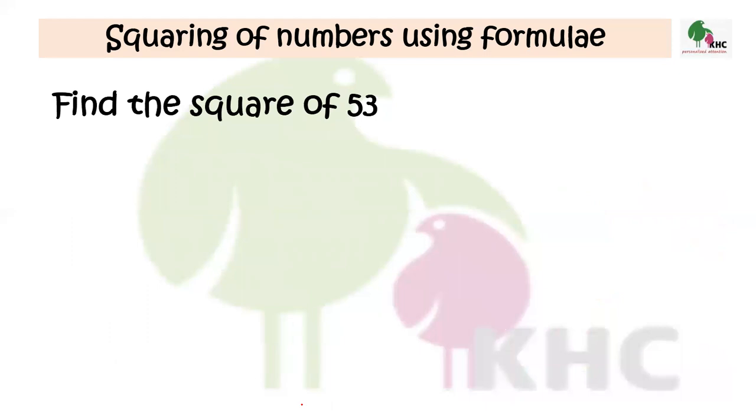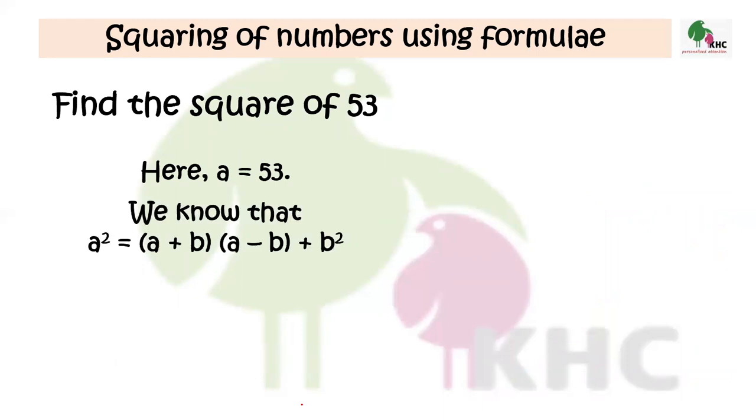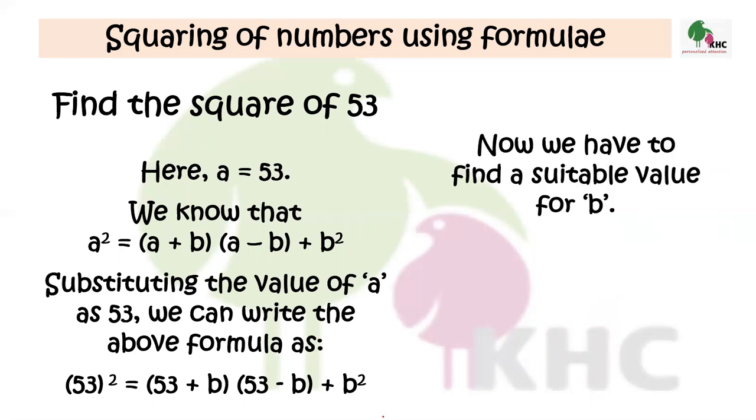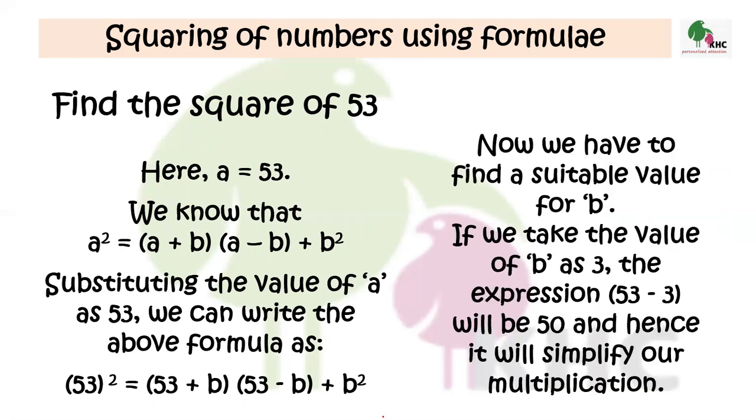Find the square of 53. So here a is 53. Now, if you substitute the value of a by 53, we get 53 square is equal to 53 plus b, 53 minus b, plus b square. Now, by looking at this formula, I think the value of b should be taken as 3. Because if you take b as 3, the equation becomes easy to solve because you'll get 50 here.